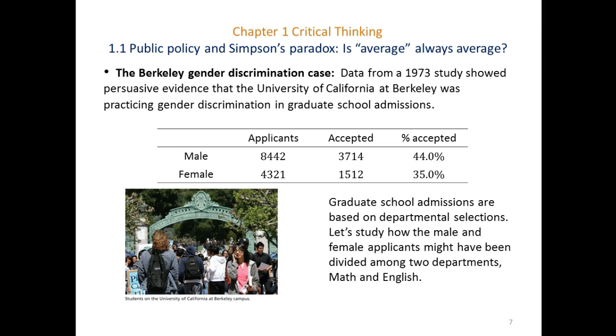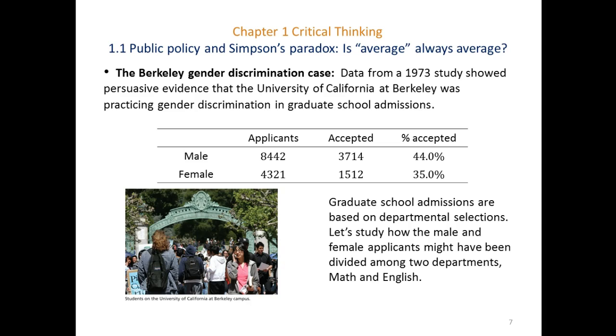You get this 44% acceptance rate by dividing 3,714 by 8,442 and multiplying it by 100%. For females, there were 4,321 applicants. Accepted were 1,512 applicants with an acceptance rate of 35%.